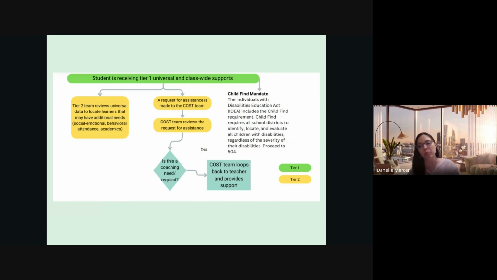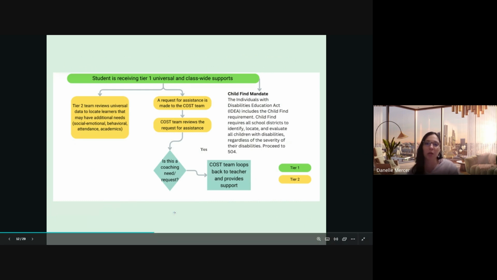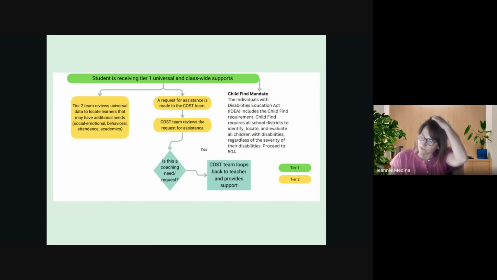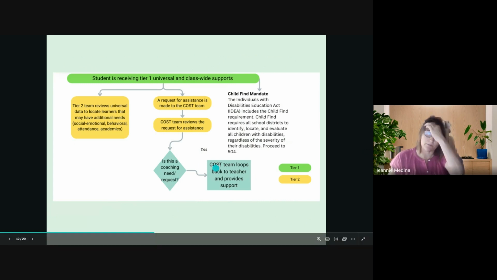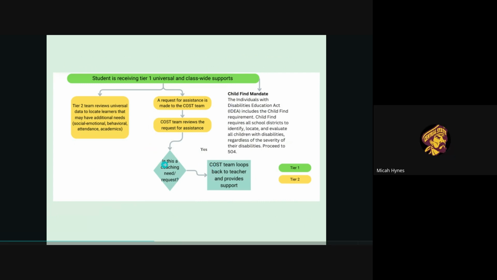And then if they need to proceed to a more extensive evaluation that falls under an IEP, and seeing if their needs are not being met in the general ed setting, going into maybe more of the Individualized Education Program, IEP, with a disability setting. But good question. Micah, were you asking about the presentation itself or about this process? No, about this process. Yes.